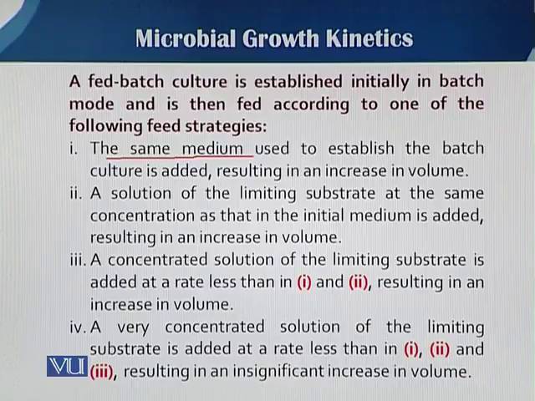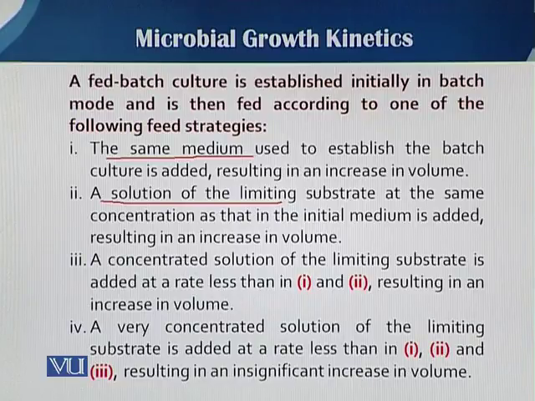But in the second strategy, we will not use all the ingredients. If we know that during the fed batch any specific nutrient will be exhausted or become limiting, due to which growth or other processes will be affected, then we only add that substrate, which we call the limiting substrate, since it can limit our process.